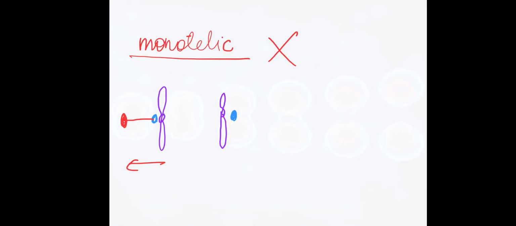So the kinetochore eliminates this erroneous monotelic attachment. Okay, the last attachment is the syntelic attachment. Syn means same.